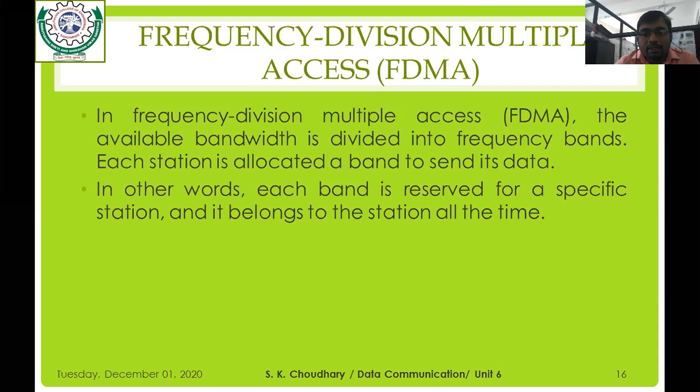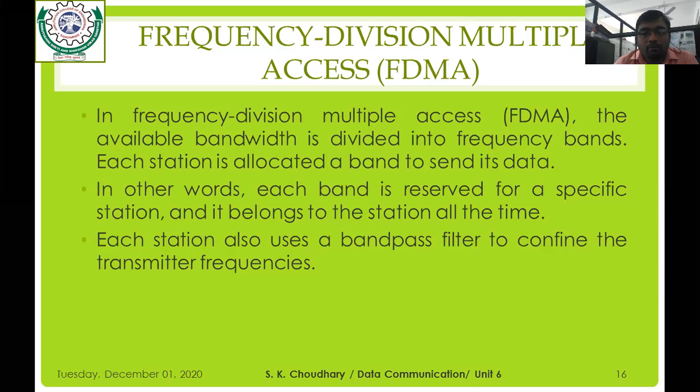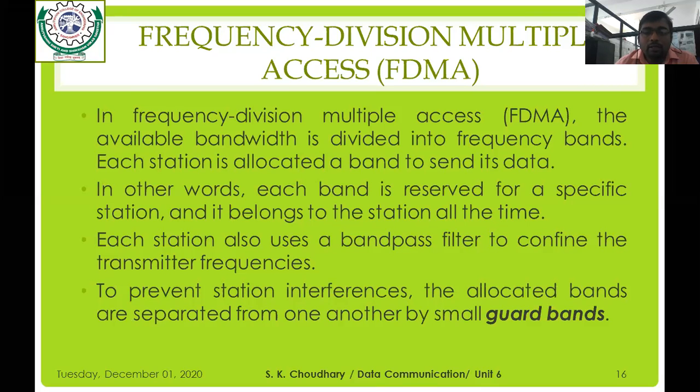Whatever station we have allocated has its own band of frequencies, and throughout transmission and receiving, this station carries the same band of frequencies. Each station also uses a band pass filter to confine the transmitter frequencies, and to prevent station interference, the allocated bands are separated from one another by small guard bands.